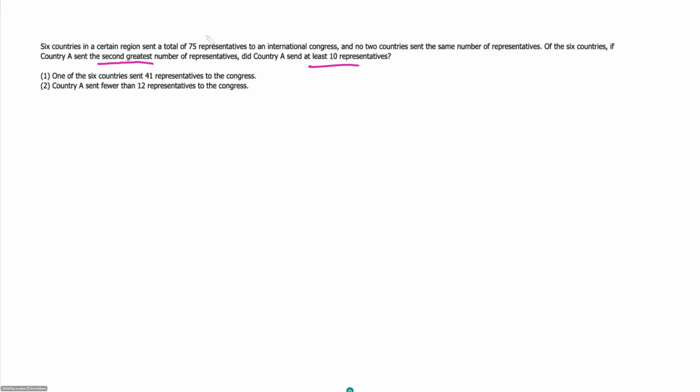We know we have these 6 countries with a total of 75 representatives. So country A plus B plus C plus D plus E and F should give us 75 representatives. Now, this is important: no 2 countries sent the same number of representatives. It's especially important if we end up testing numbers, because we have to make sure we don't give 2 countries the same number.